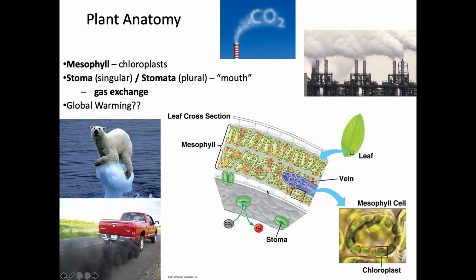We need these plants to get rid of these exorbitant amounts of carbon dioxide. If you ever get a chance to watch any documentaries on global warming, I would suggest it, just to open up your mind and see what's happening, what scientists are thinking, and what people all across the world are thinking.